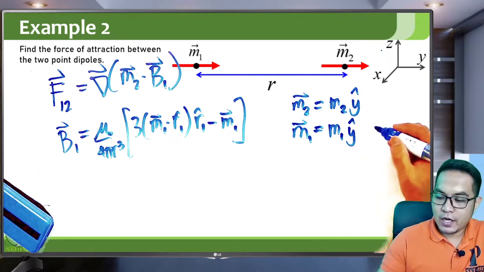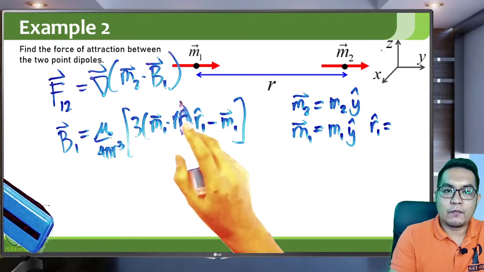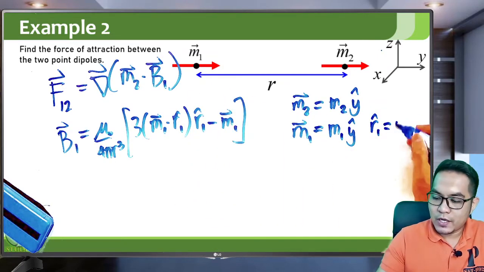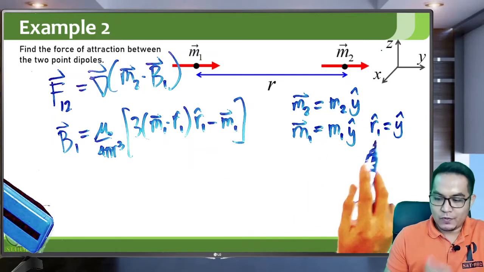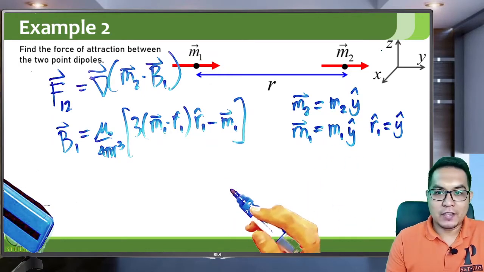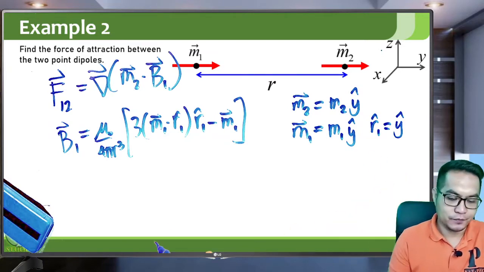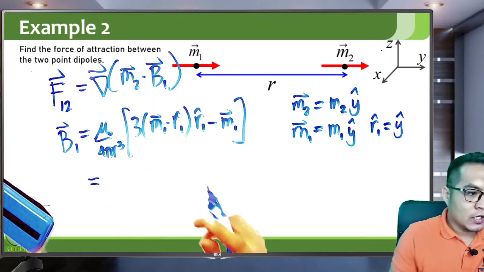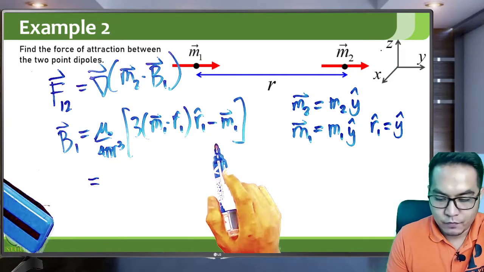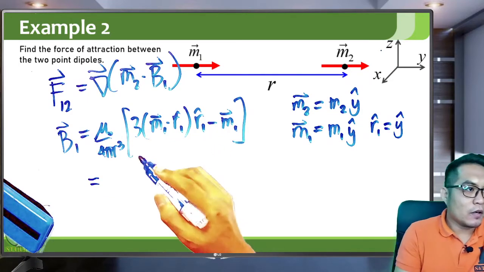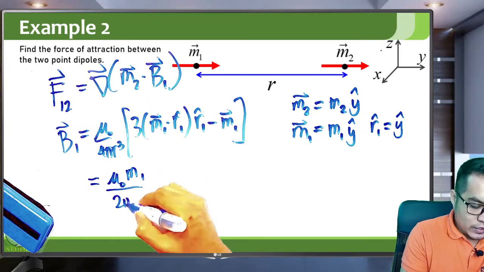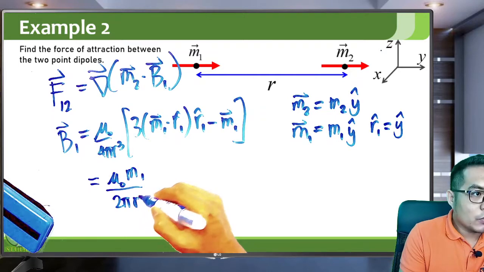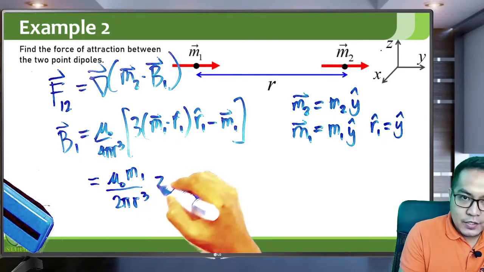So r1 hat is actually y hat. So m1 dot r1 hat will be non-zero, since you have y hat dot y hat. If you do this, you will get a final answer of mu naught m1 over 2 pi r cubed, and its direction is z hat.